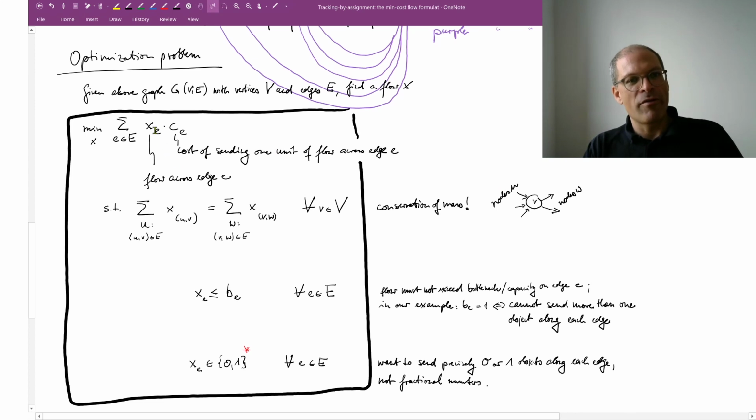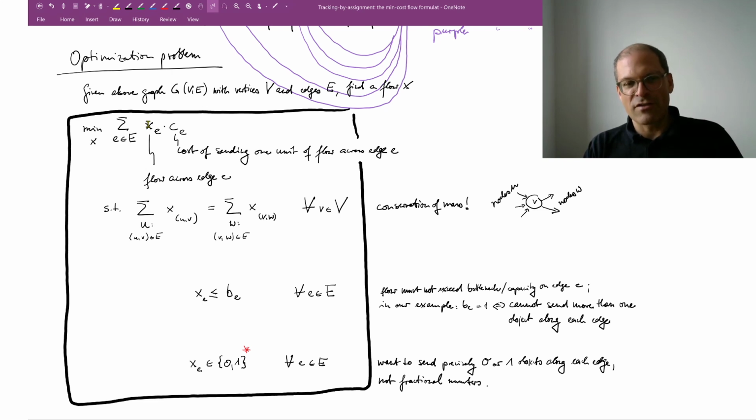I'm going to sum over all edges in my graph, and for each edge I multiply the cost of using it with how often it is being used, with the flow across the edge. And I want to minimize this flow along an edge times cost of an edge, summed over all edges.